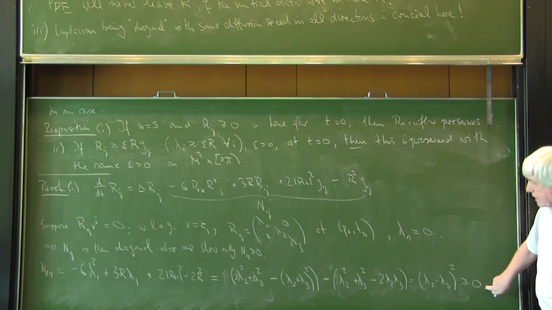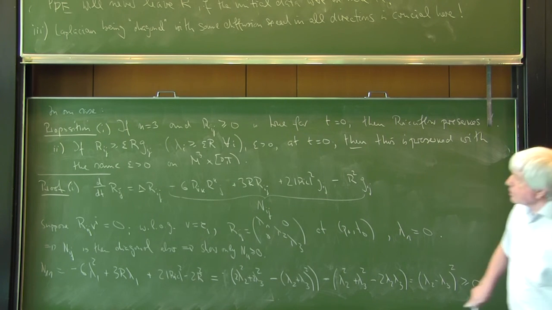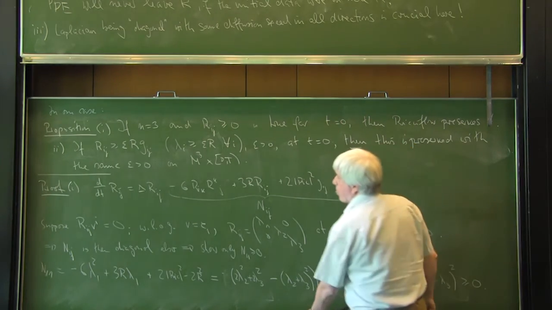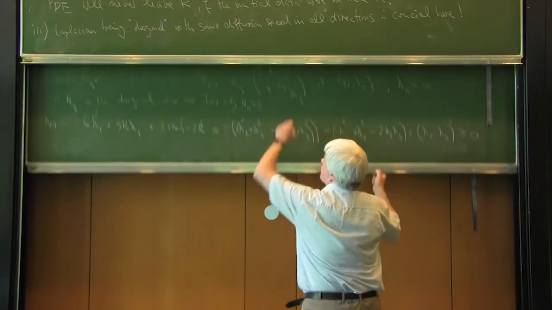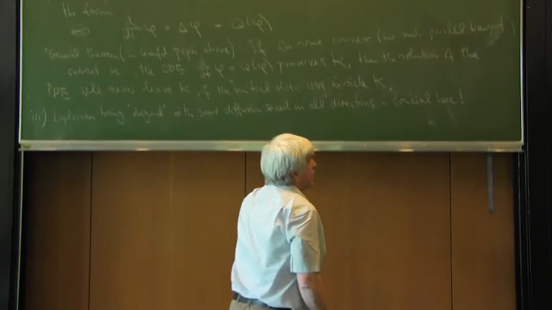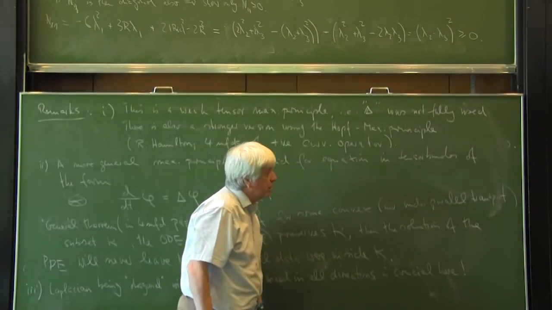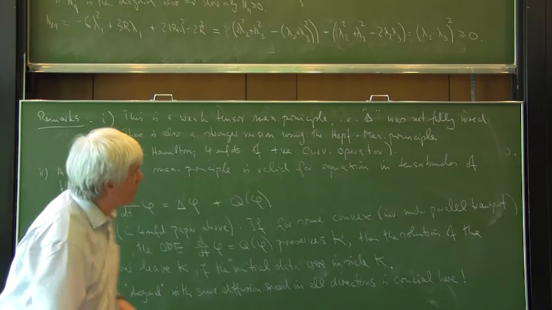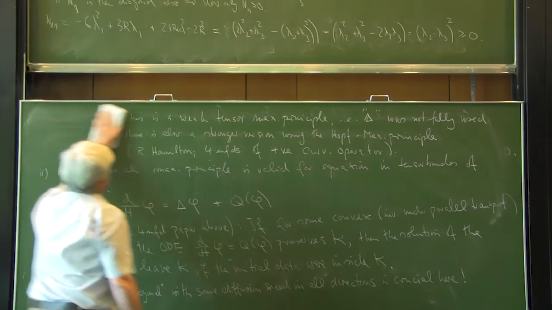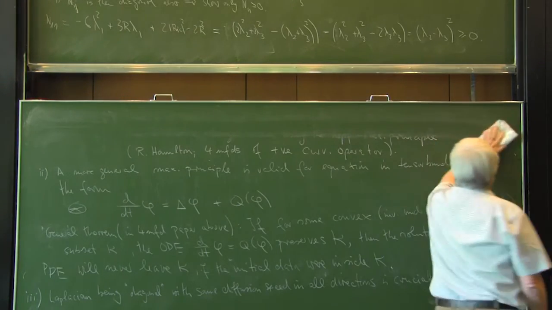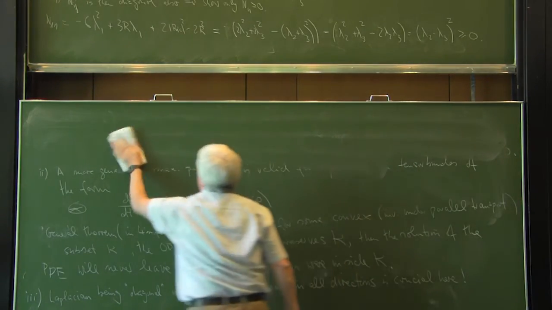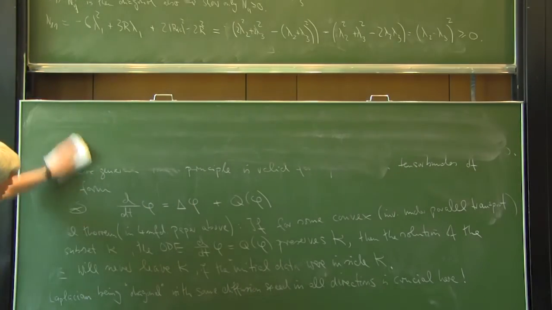So our maximum principle tells us that non-negative Ricci is preserved. Now, the second inequality is just a little bit more complicated algebraically, but it's the same idea.